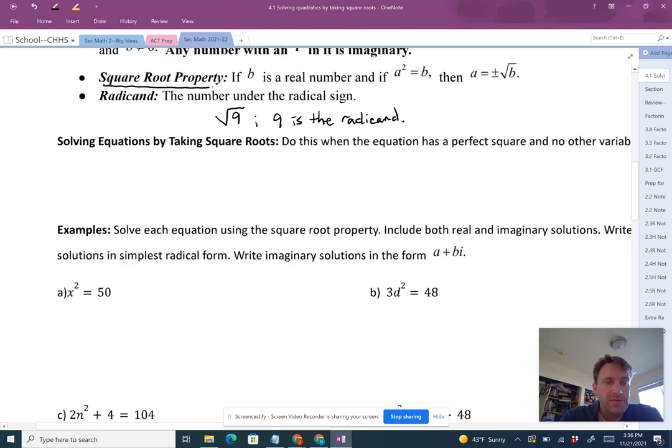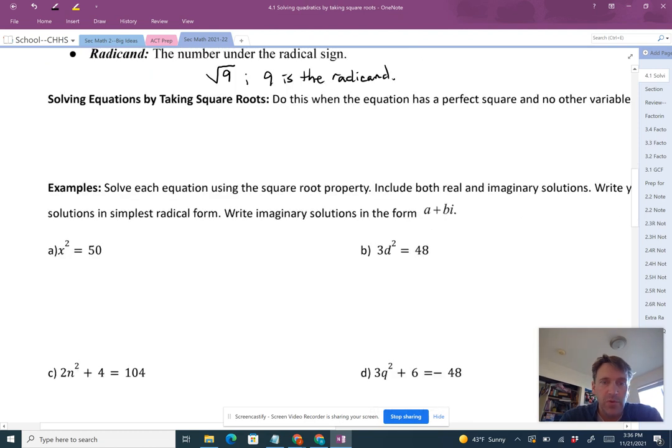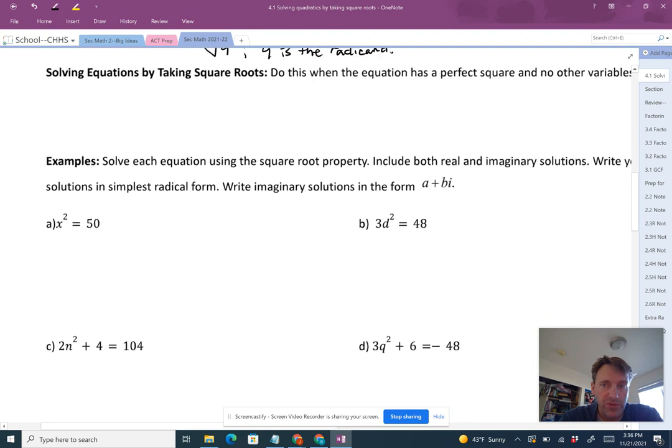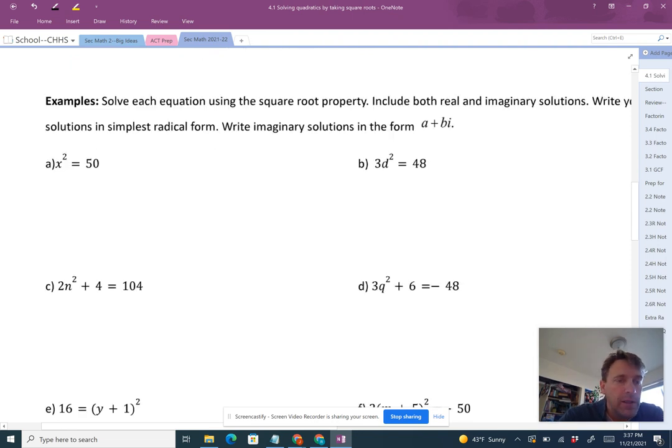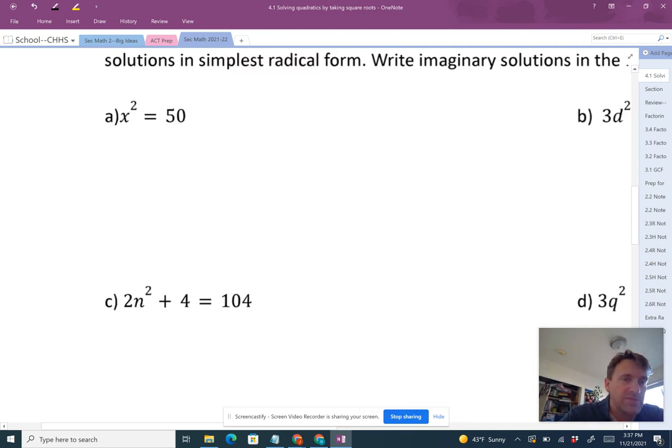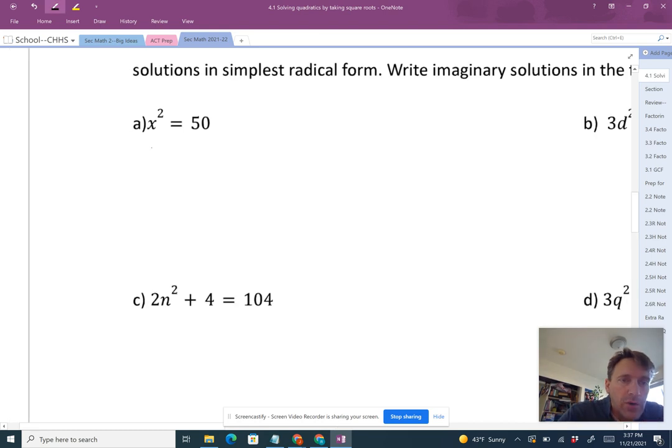All right. Some examples. Solve each equation using the square root property. Include both real and imaginary solutions. Write your solutions in simplest radical form. Write imaginary solutions in the form a plus bi. Okay, let's look at x squared equals 50. So the opposite of taking the square of something is taking the square root.